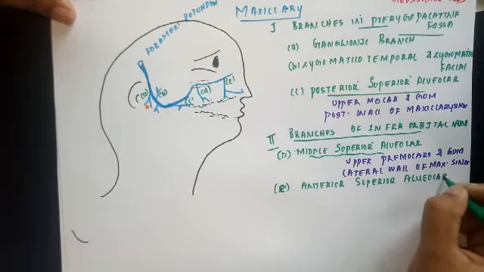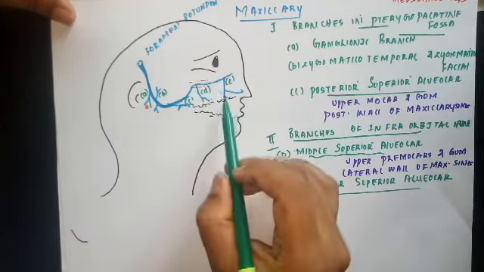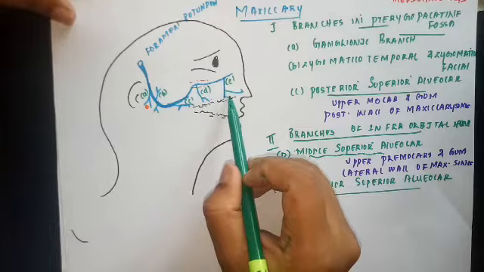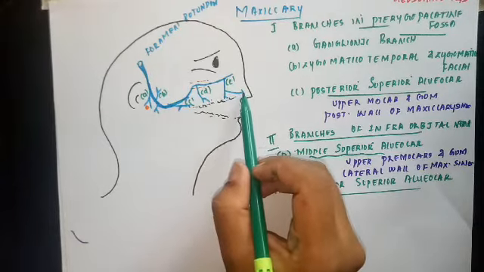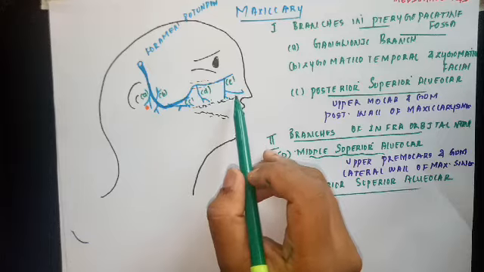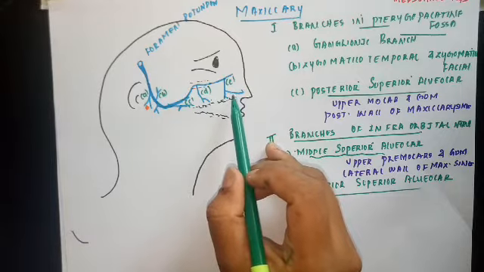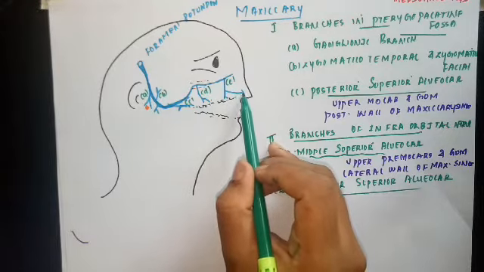The anterior superior alveolar nerve supplies the upper incisors and canines and adjacent gum, also the wall of the maxillary sinus. Besides that, it also supplies the anterior inferior portion of the lateral wall of the nose.